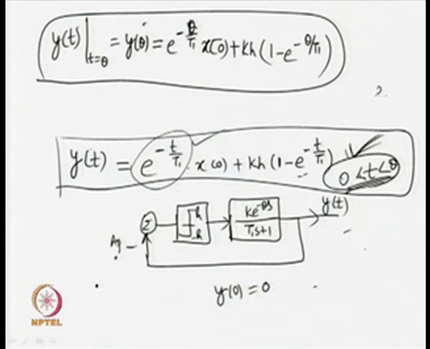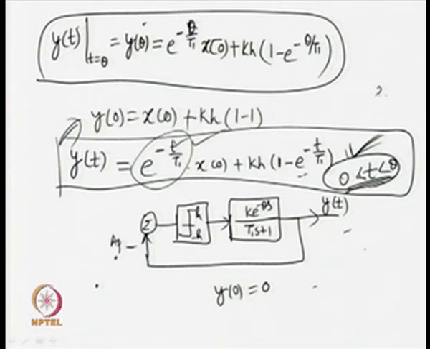With y0 assumed to be 0, the output expression at time t equal to 0 gives y0 equal to x0. If you substitute t by 0, the exponential becomes 1, and the rest is Kh times 1 minus 1.